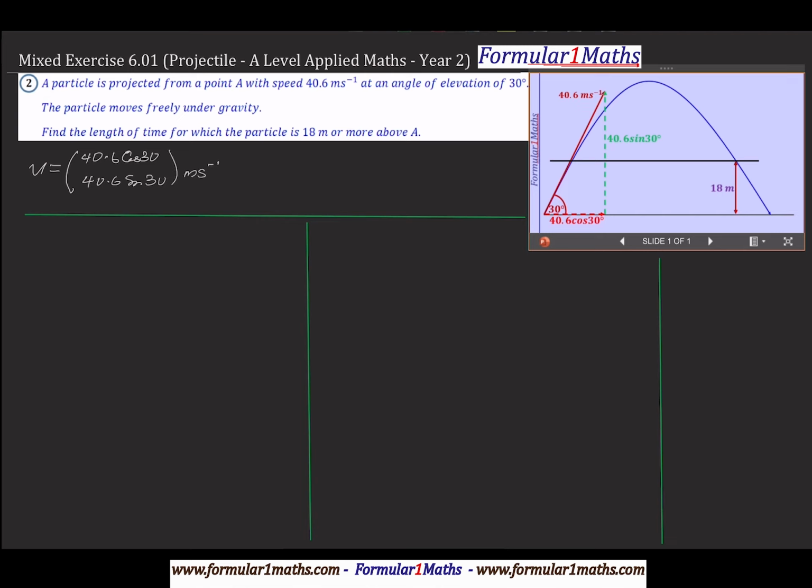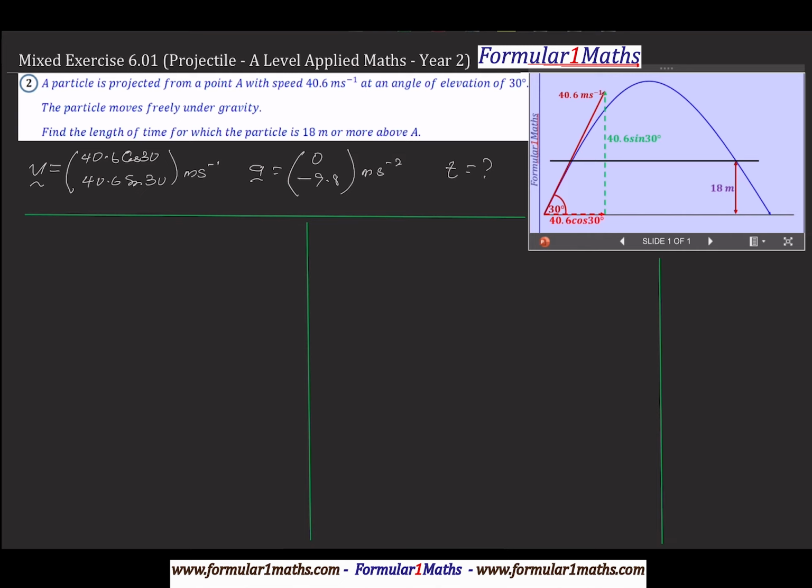And the particle is moving freely under gravity, and so the acceleration will be 0, minus 9.8. This is because we are taking upward motion to be positive and downward motion to be negative. And since gravity acts downward all the time, that's why we have minus 9.8 here, in meters per second squared. The time is what we're looking for.